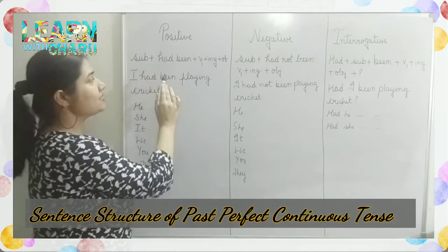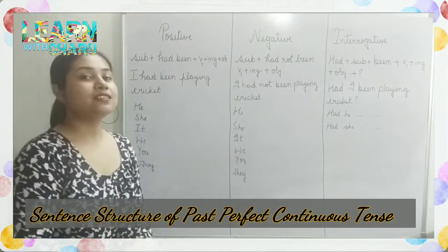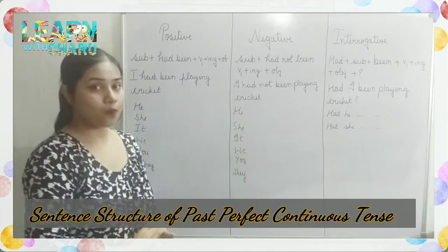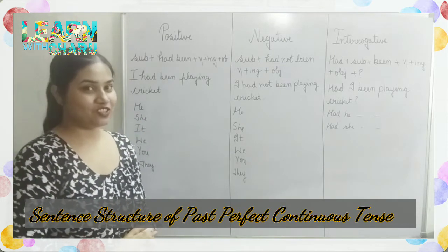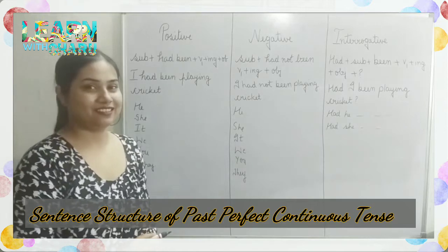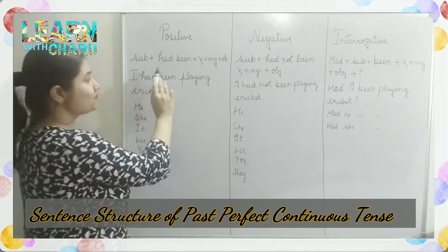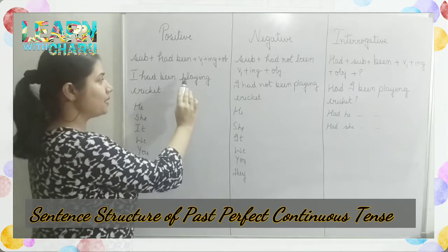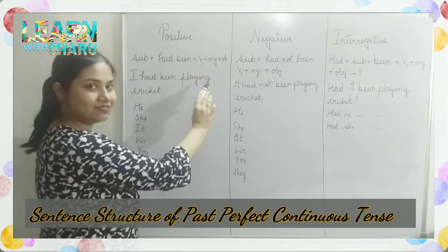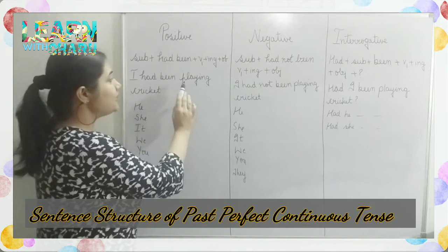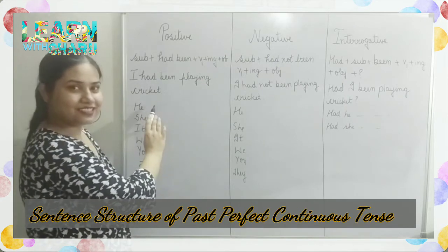Subject plus had been plus verb's first form plus ing plus object. For example, I, subject, had been, play plus ing, playing. So I had been playing cricket.